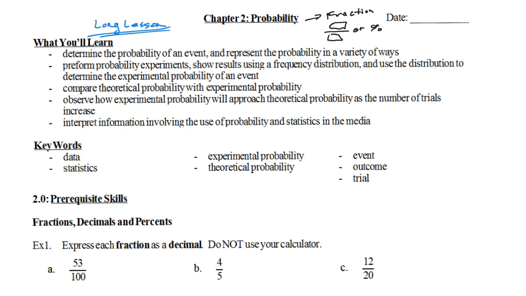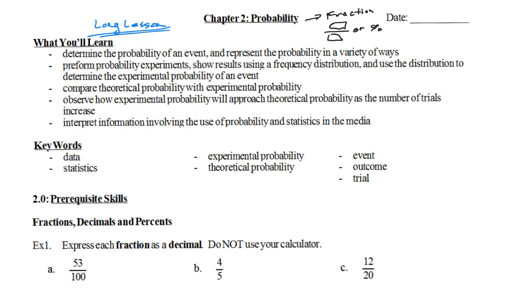Then we're going to observe how experimental probability is going to approach theoretical probability as we increase the number of times we do something. We're also going to interpret the information involving the use of probability and statistics in media.